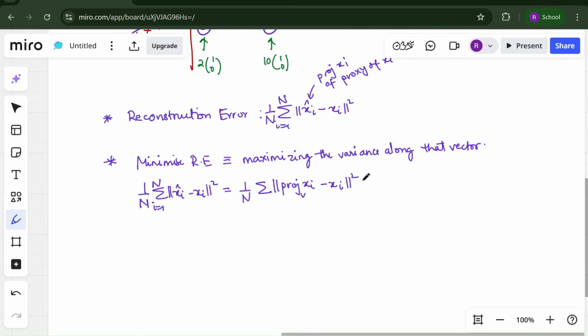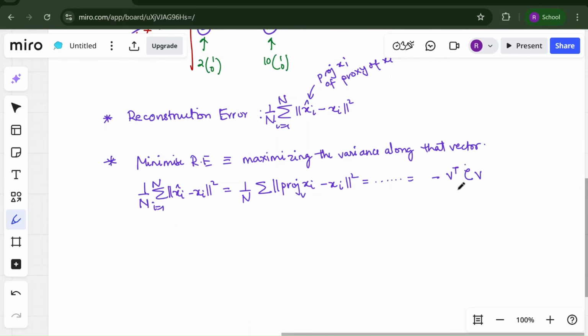And it turns out that you can do some manipulation here. It's very straightforward. That it is equal to negative of v transpose of the variance covariance matrix times v.